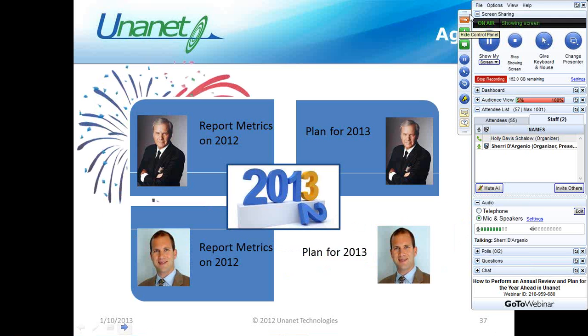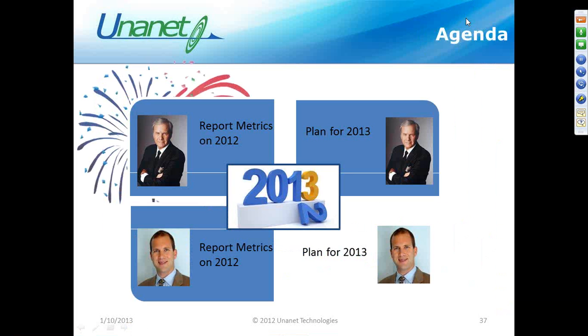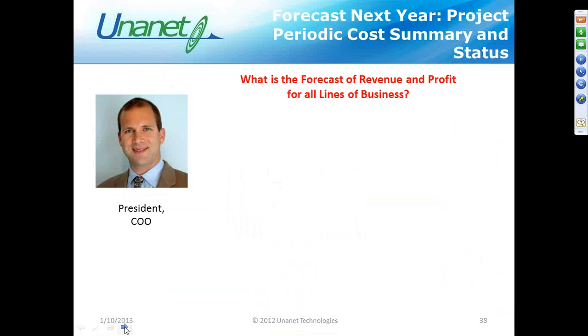So now we're going to look at the CXO, the COO and president for our particular company, Chris Craig. Let's take a look at some of the reports he has available for the plans, and be able to view the forecast of 2013, what's been set up by all his project managers.